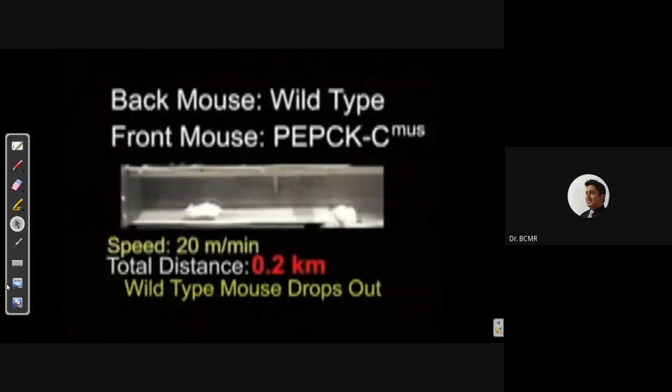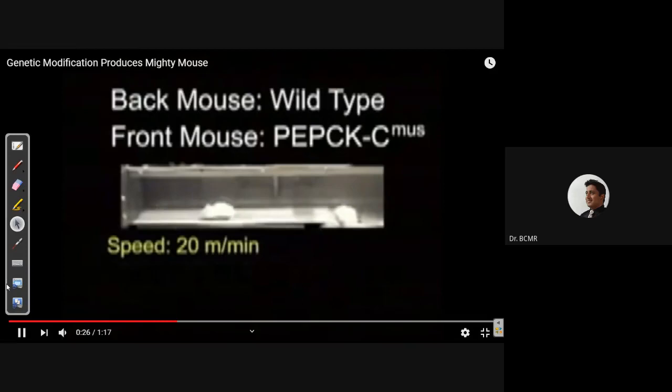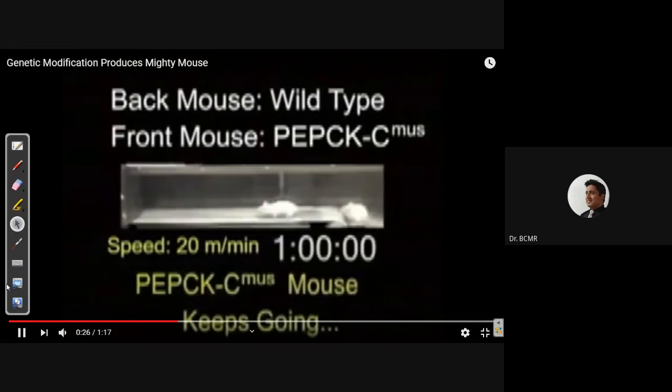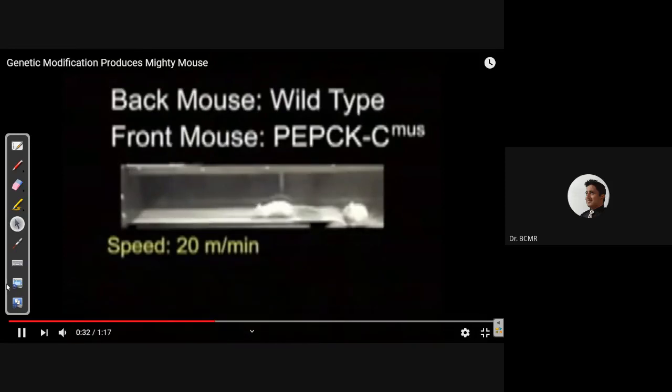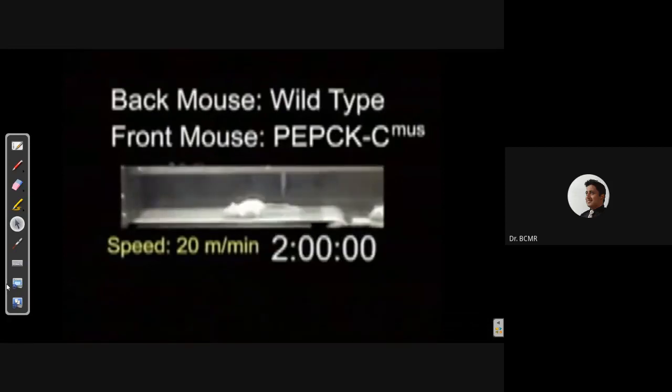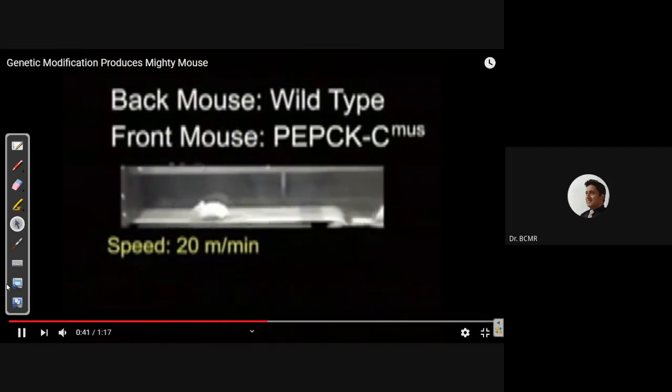They run to test their capacities on a treadmill, and the genetically engineered mouse is still running, the one for PEPCK, phosphoenolpyruvate carboxykinase, something like that. I don't remember.